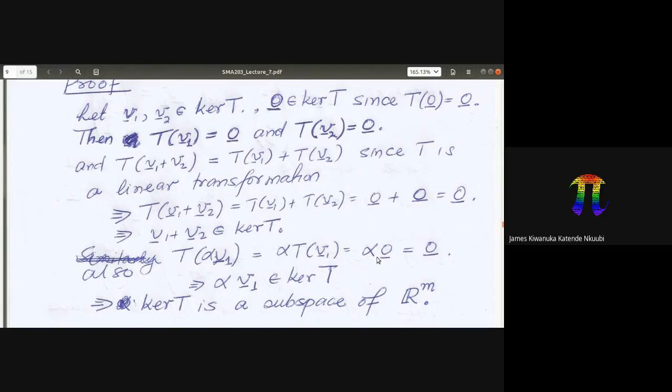So here we have alpha multiplied by the 0 vector, which is equal to the 0 vector. So again, a multiple of a vector in the kernel is mapped to the 0 vector, and therefore it must be in the kernel of the linear map. So from this, we can conclude that the kernel is a subspace of Rm.